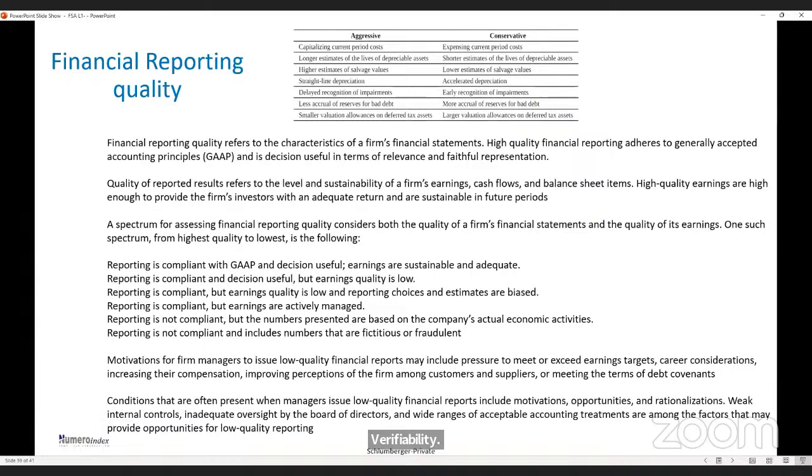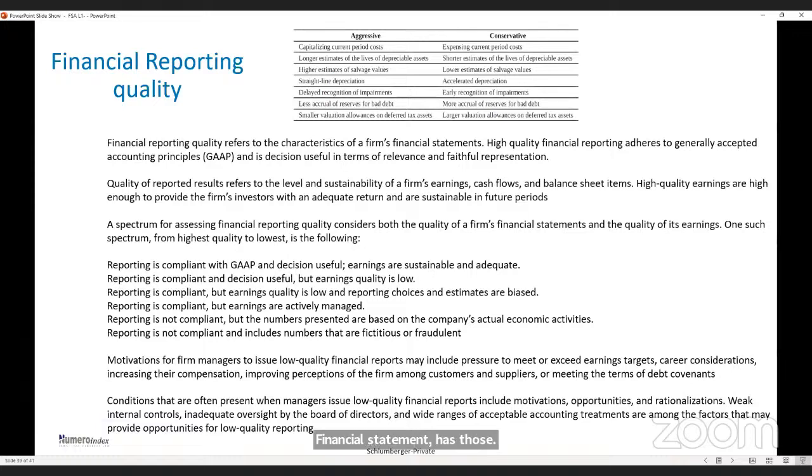Who else can remind me of the other two? Timeliness, yes. Another one, the last one. Comparability.